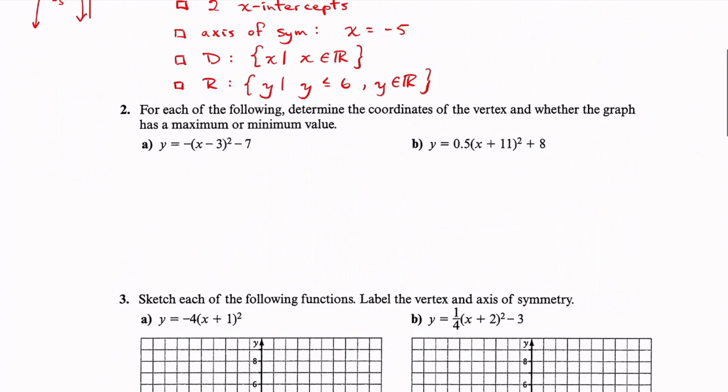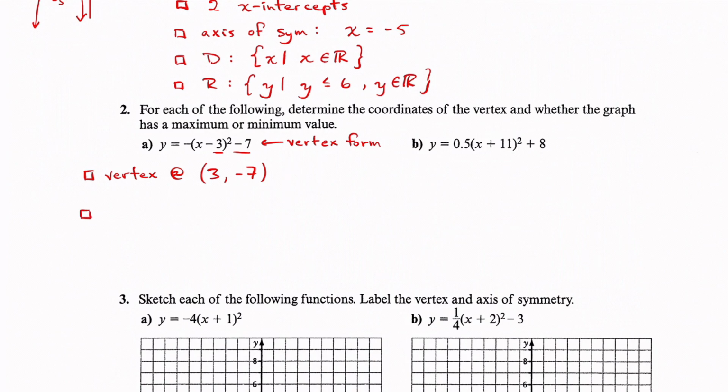Number 2 says for each of the following, determine the coordinates of the vertex and whether the graph has a max or a min value. So again, this one is written in vertex form. I can see my vertex is at 3 and -7. So there's one part to our answer. We know what the vertex is. Then we had to state whether it had a max or a min value.